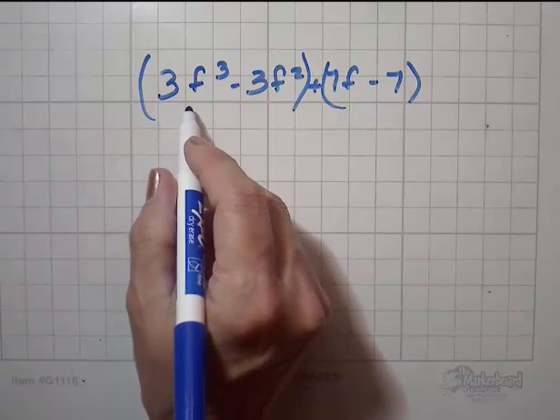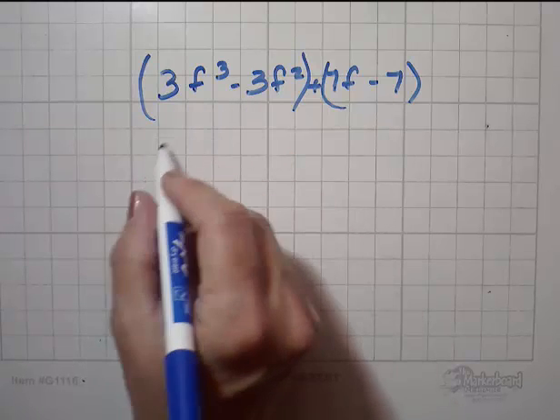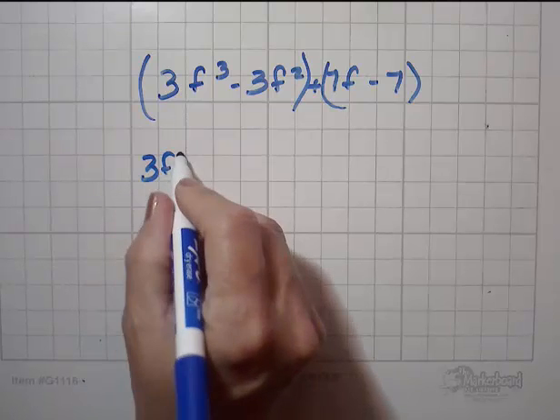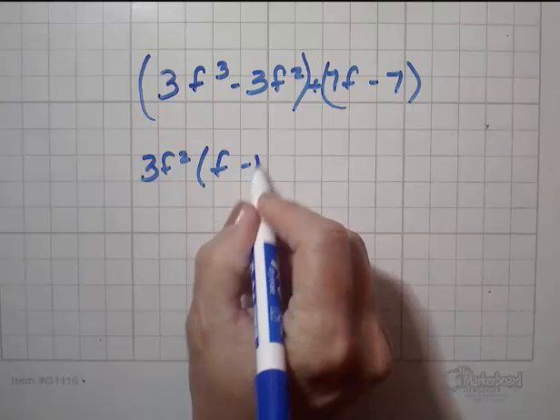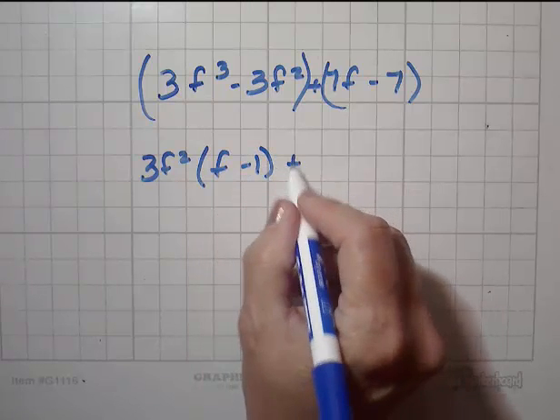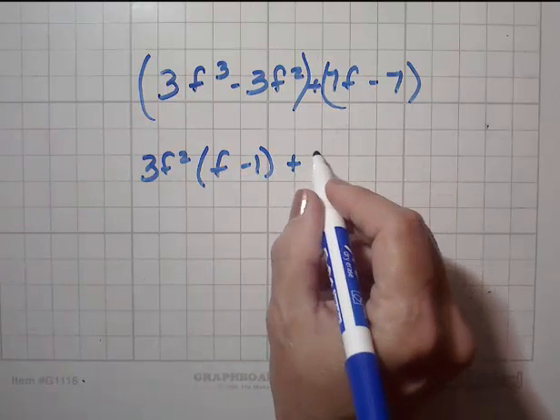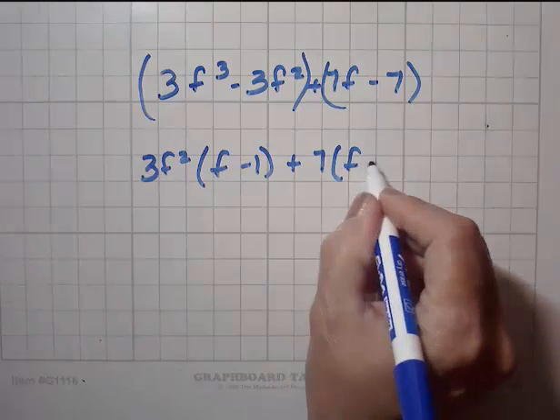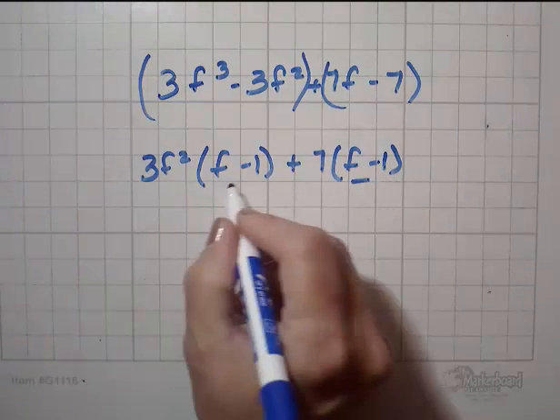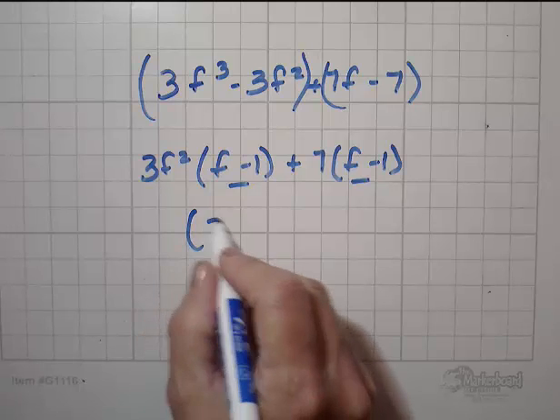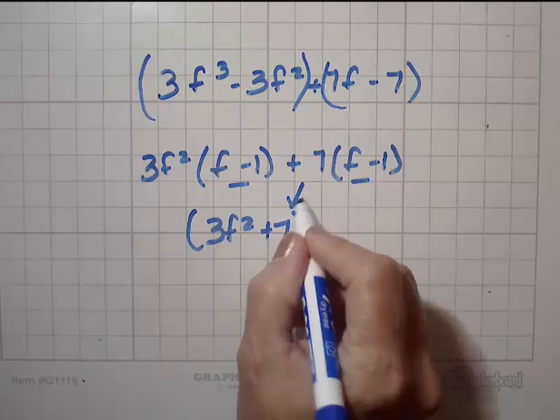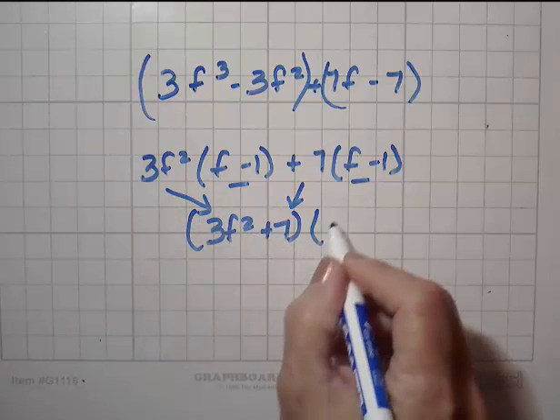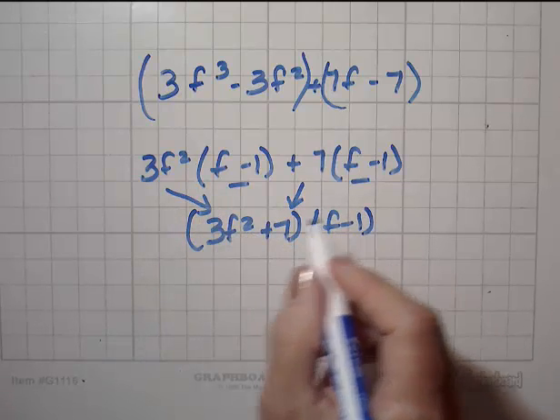When I look at my 3f squared and my 3f cubed, I know I can take a 3f squared out, which leaves me an f minus 1. Plus 7f minus 7, I can take a 7 out, which leaves me an f minus 1. That's good, those are the same. So factoring, it's 3f squared plus 7, again, it comes from here and here, times f minus 1.